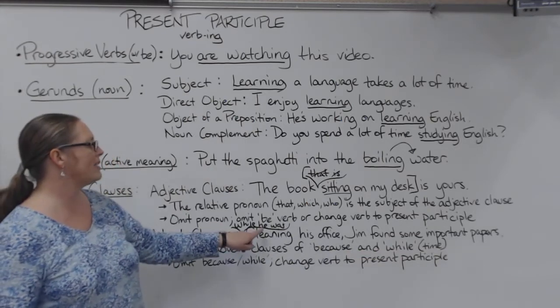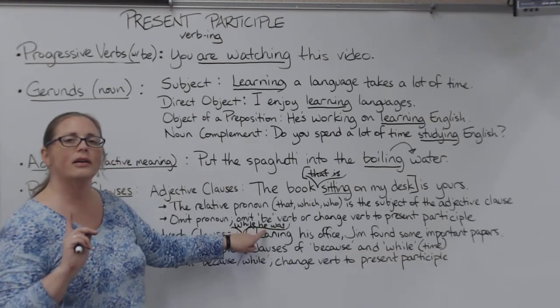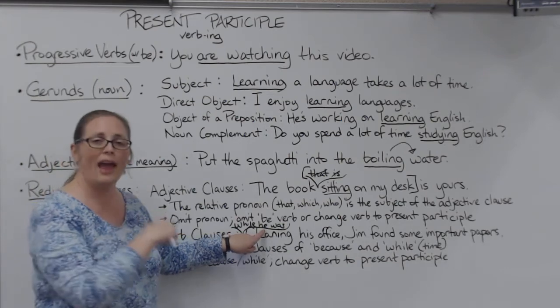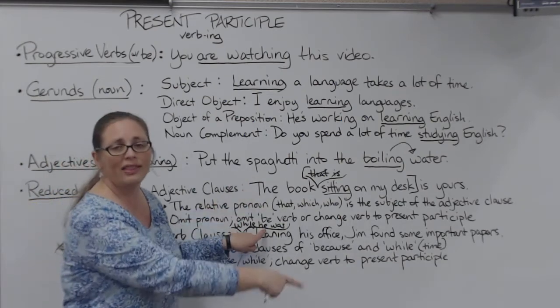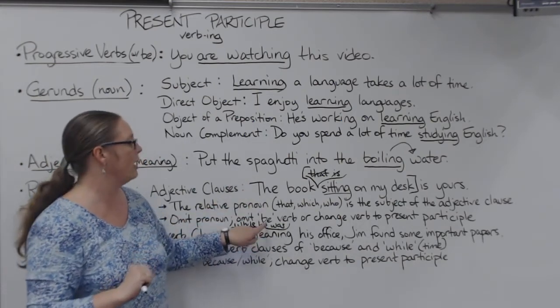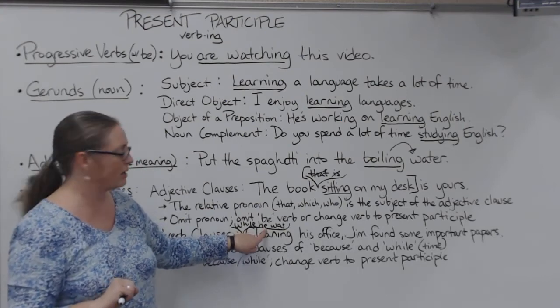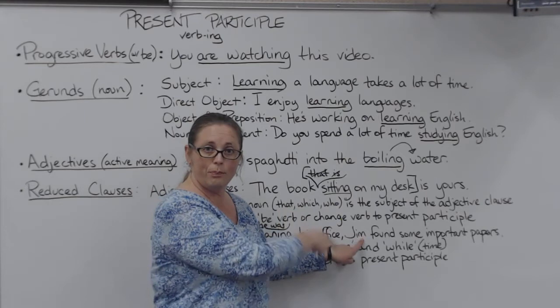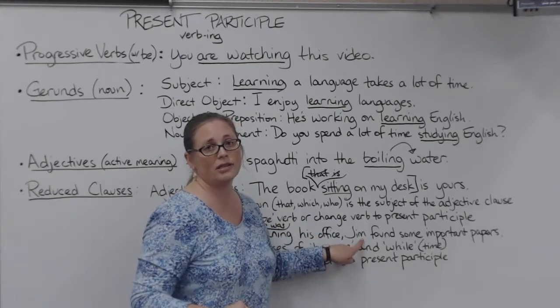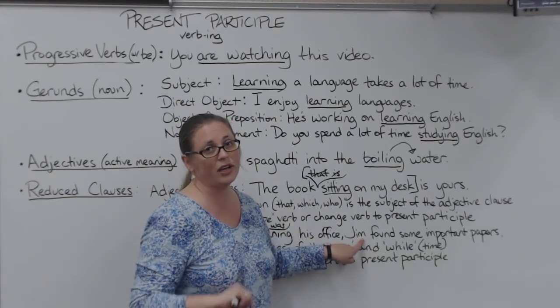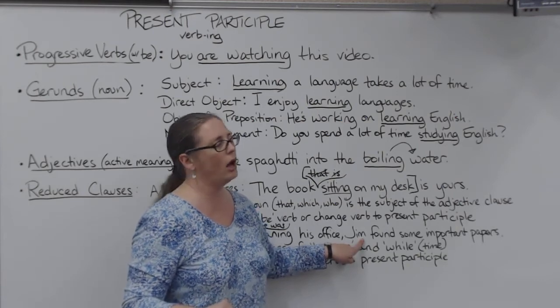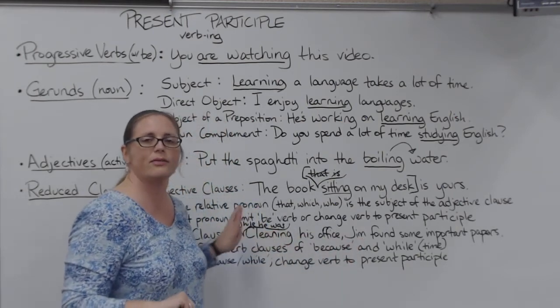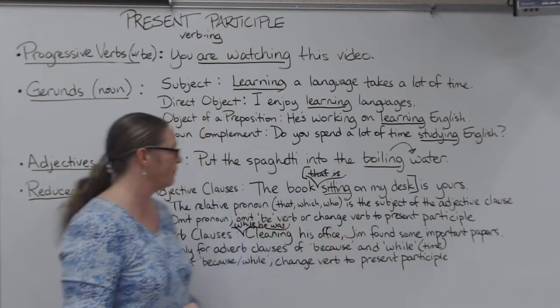It also needs to have the same subject in the adverb clause and the independent clause. He is our subject in the adverb clause, and it's the same person as the subject in the independent clause. That's very important. You cannot reduce an adverb clause if the subjects are different.